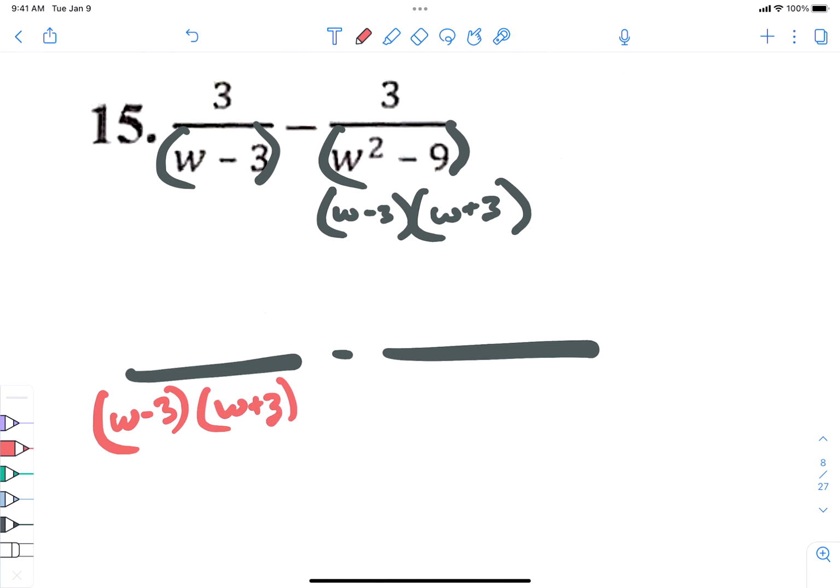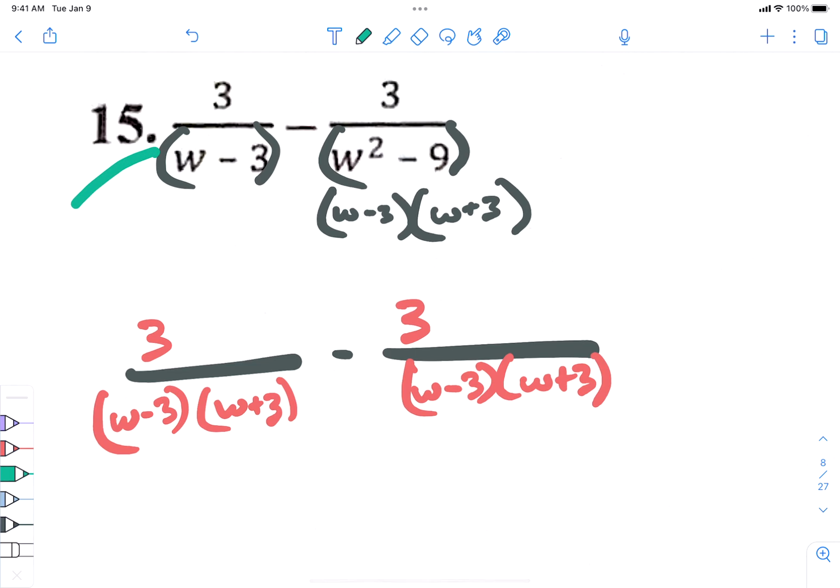That's my common denominator, W minus 3, W plus 3. Okay, all right, now I have 3's on the top, and now we're going to write what he needs. Wait, why is that W plus what? Because we're writing out what our common denominator would be. Oh, right. Yep, common denominator would be W plus 3, W minus 3.